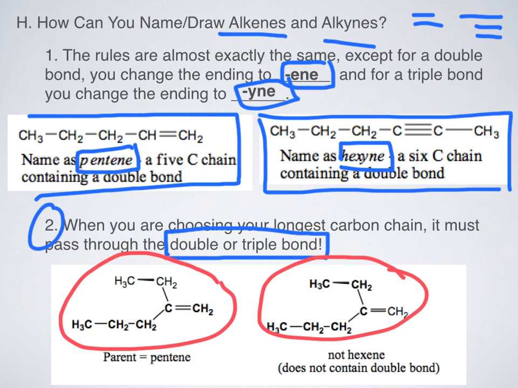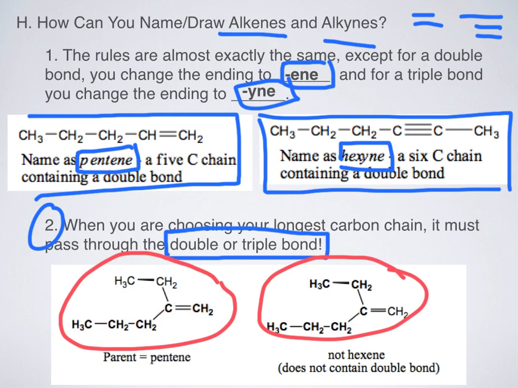If I wanted to make a longest carbon chain, there are a couple of ways I could try to do that. I could do this, or this, or going around here, or going up here. If I follow my very first circle and go down here, that only has 1, 2, 3, 4, 5 carbons in it.